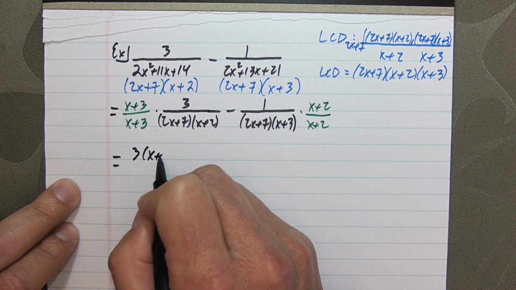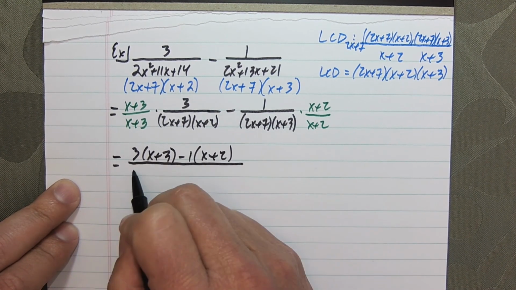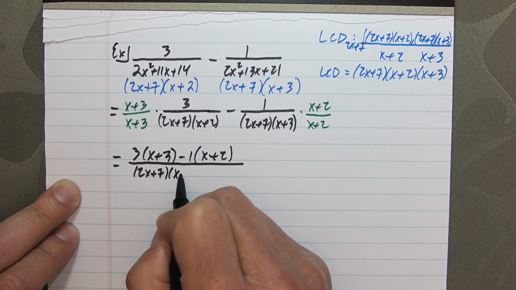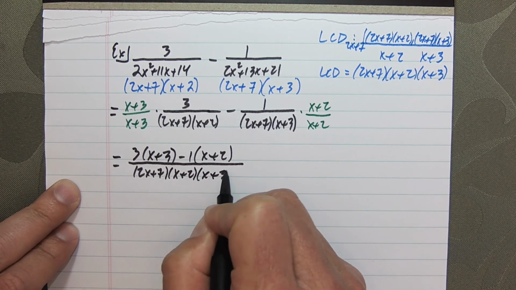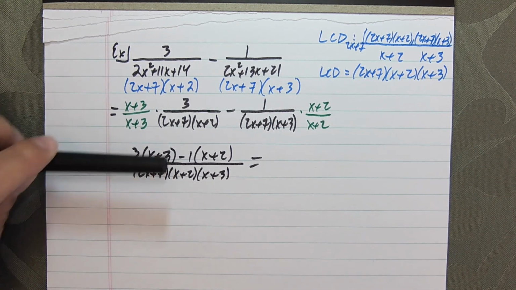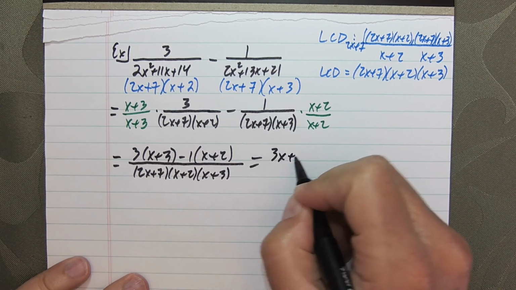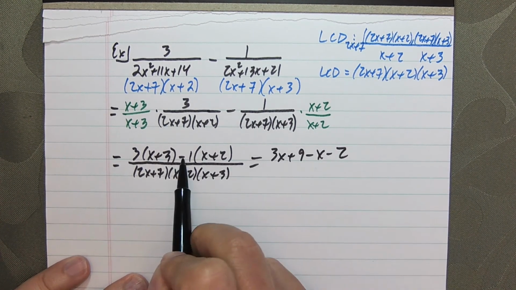So this is 3 times x plus 3 minus 1 times x plus 2. And up top here, I'm going to have to distribute a 3 and a -1. So again, be careful distributing that negative.